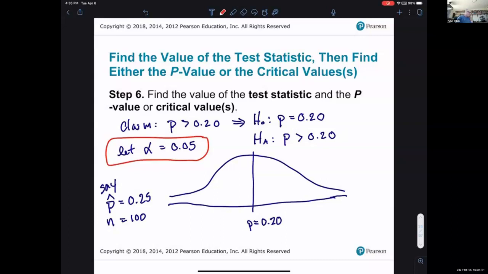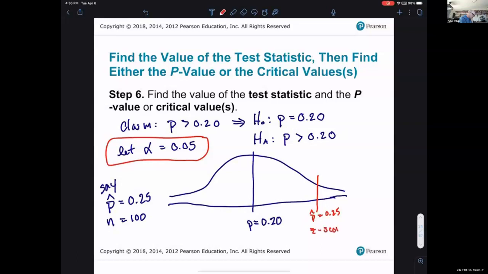So this result of 25% with 100 people, well, if the population proportion really is 20%, then getting a sample of 25% would produce a z-score somewhere. So if I have over here a p-hat value of 25%, then that's going to give me some sort of z-score, which I don't know off the top of my head.